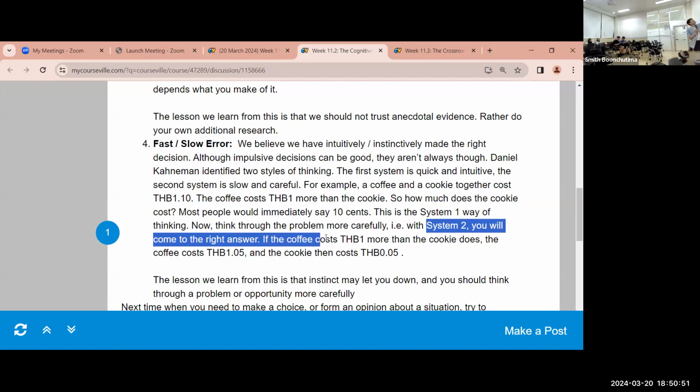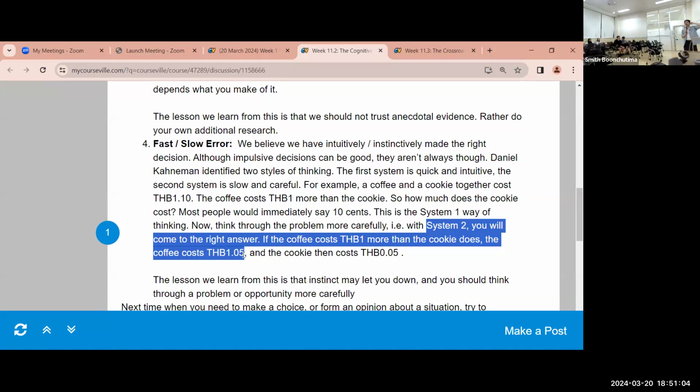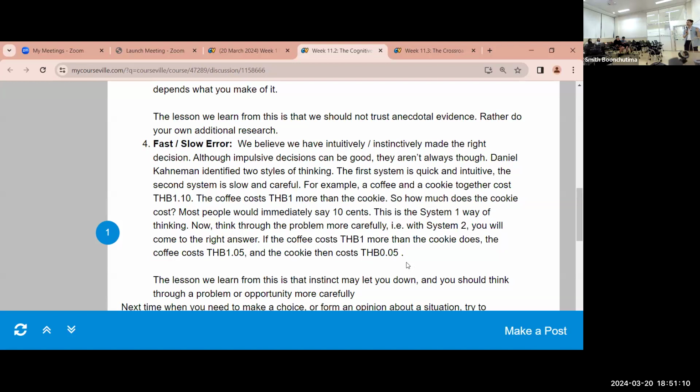Because if the coffee costs 1 baht more than the cookie does, the coffee costs 1 baht and 5 stang, and the cookie costs only 0.5 baht or 5 stang. Do you understand?